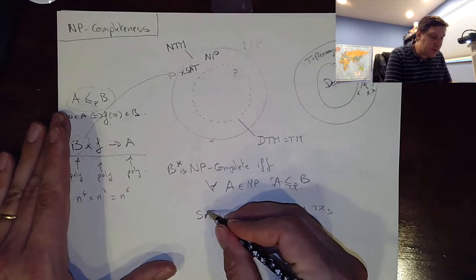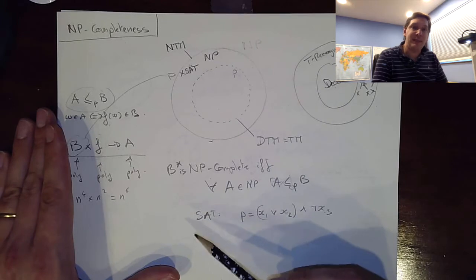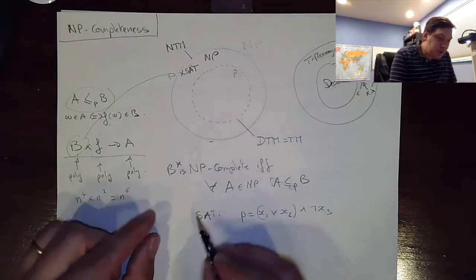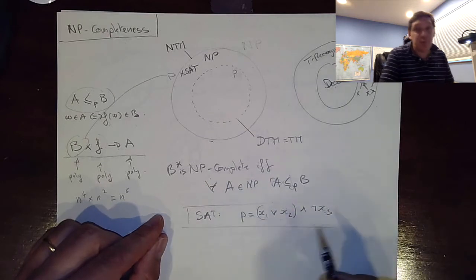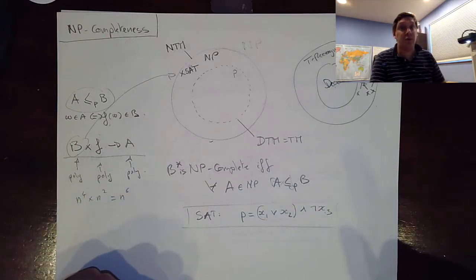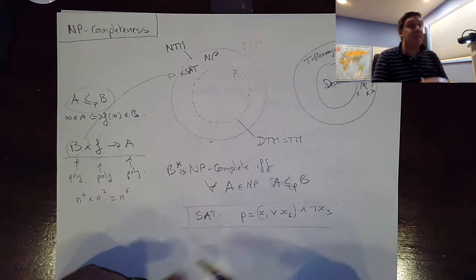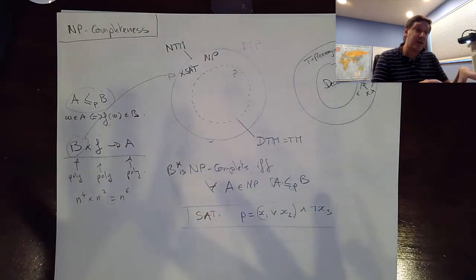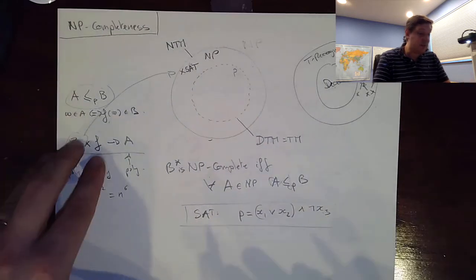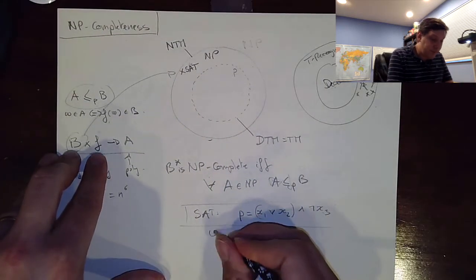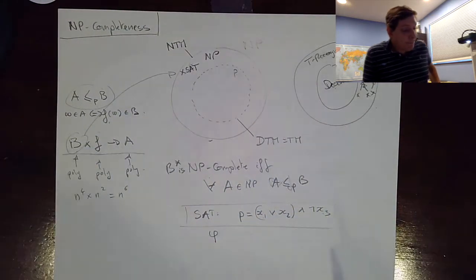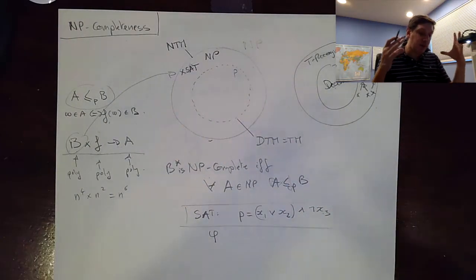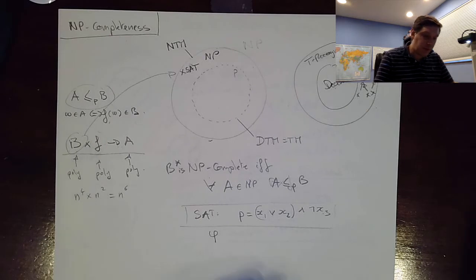So I'm not going to go into the details of why this is NP-complete, but you can look at the proof in the book. It's actually really, really interesting. The basic idea is that you can find a translation function, the equivalent of f here, that we call phi in the book, that is going to take a table of Turing machine configurations.